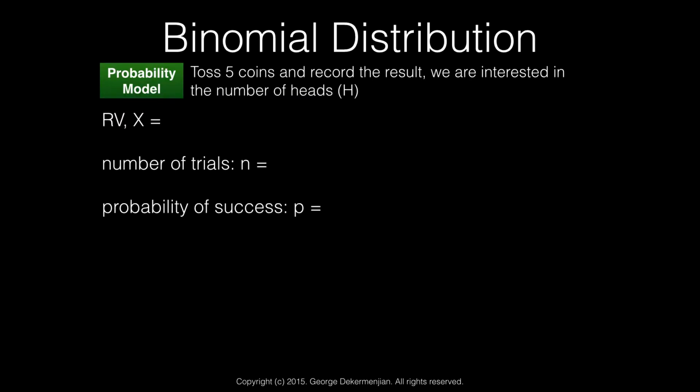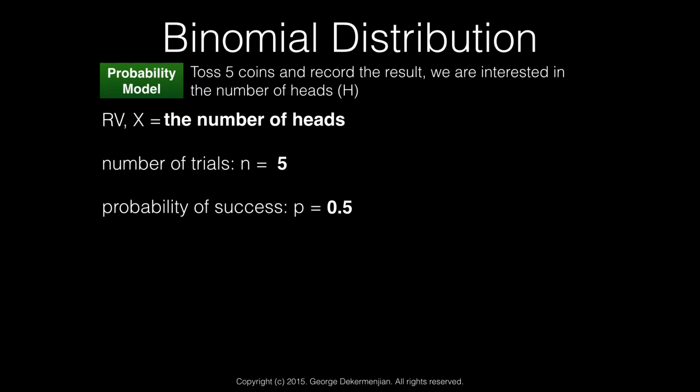Now this is the same example we saw in the previous video, where we looked at simulations to answer some probability questions. Toss 5 coins and record the result. We are interested in the number of heads. So the random variable is the number of successes, which in this case is the number of heads. We have 5 trials, and because this is a fair coin, the probability of success is 0.5.